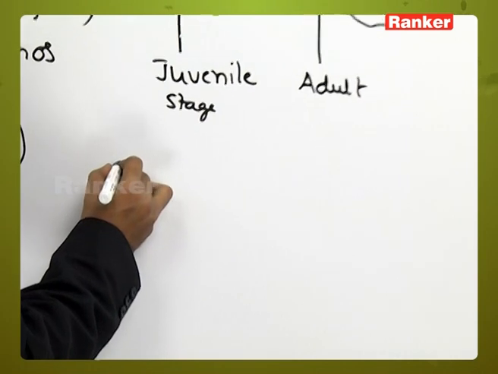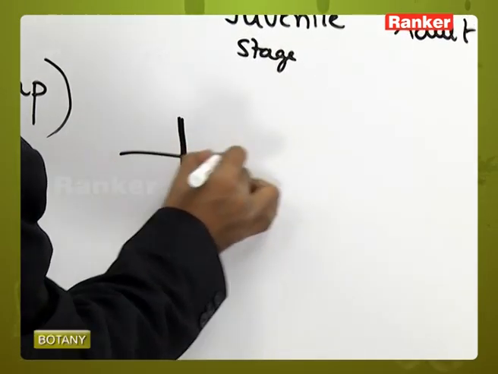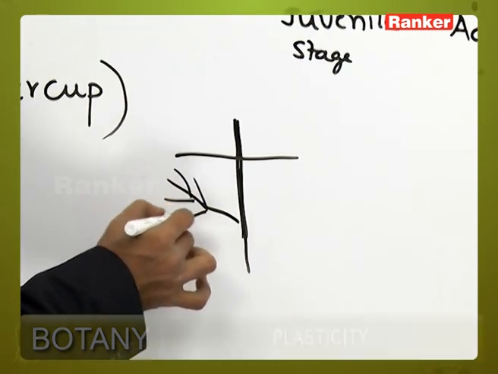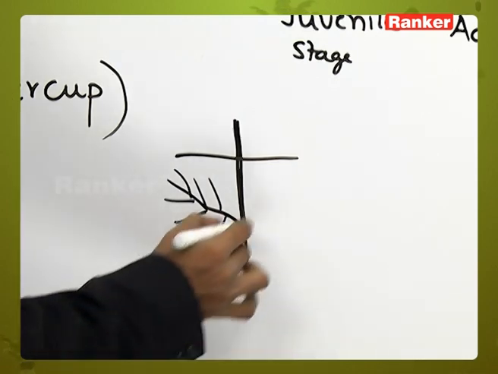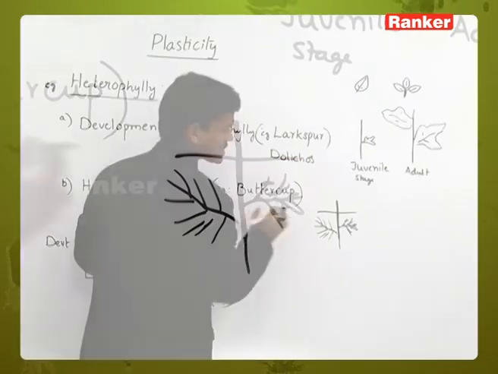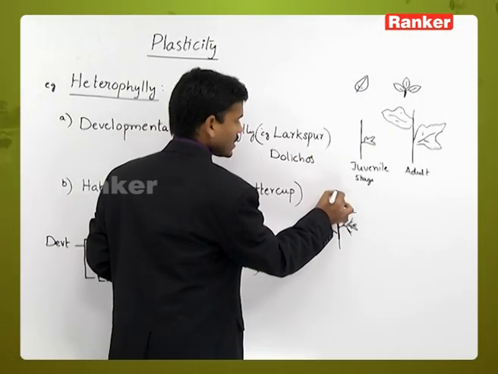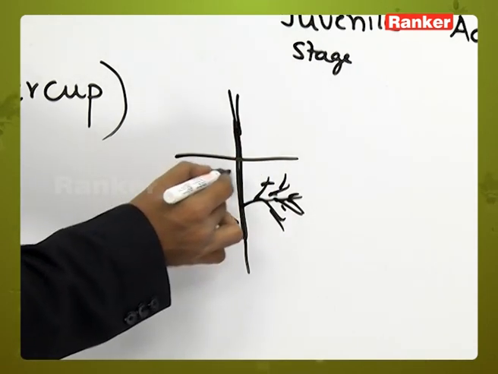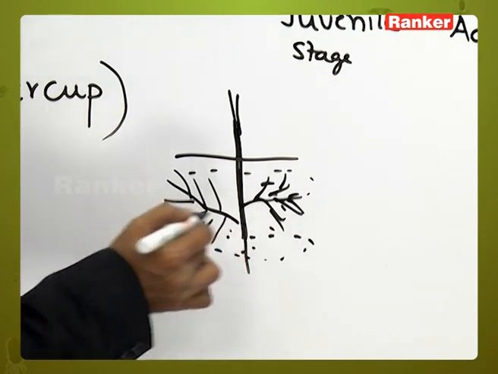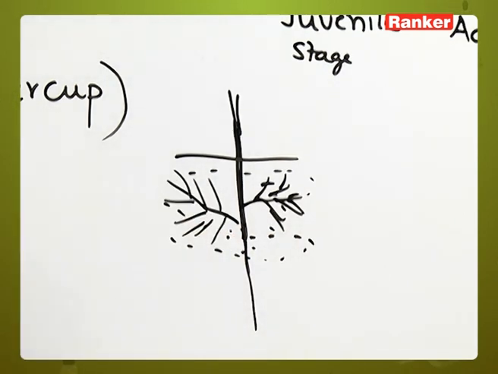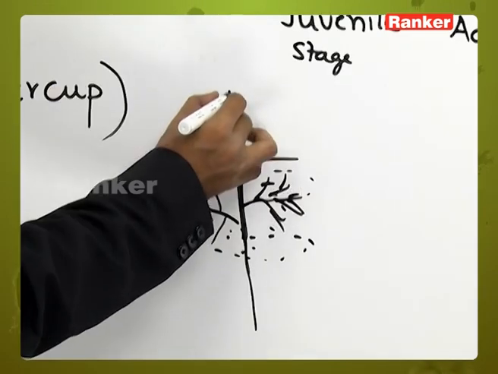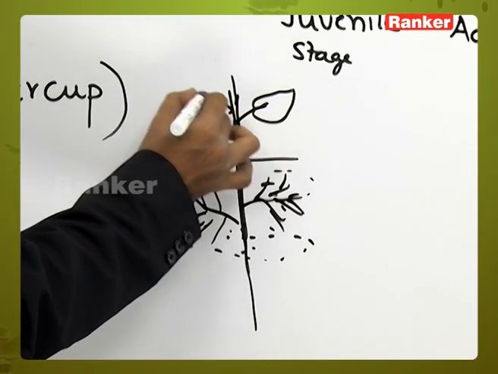For example, in the aquatic region the leaves produced are dissected leaves. Dissected leaves are present in the submerged portion, but the aerial leaves are normal leaves. In the aquatic plant, the submerged leaves are dissected leaves and the aerial leaves are normal leaves.